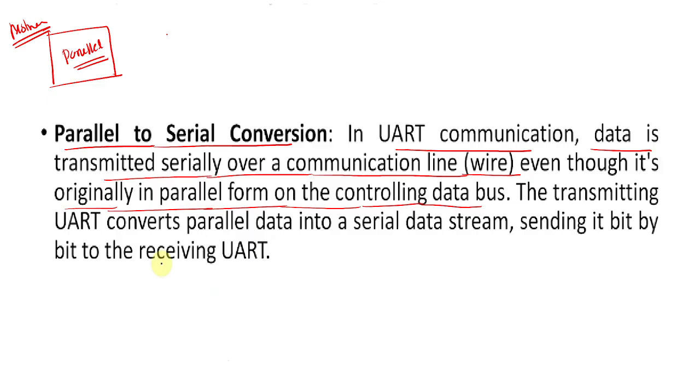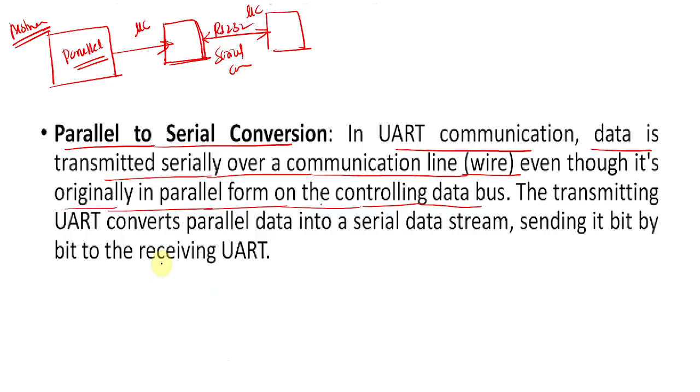So if you want to communicate between two peripherals, that is, two microcontrollers, or two computers, or a computer and a printer, you need to convert this parallel form of data to serial form. Why? Because these can be communicated only through serial communication, for which you use RS-232.